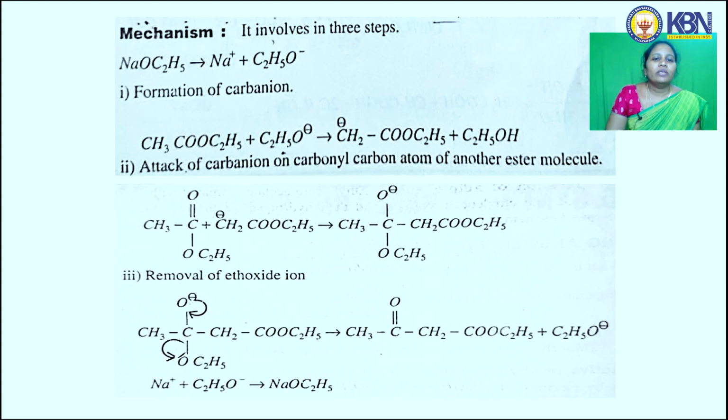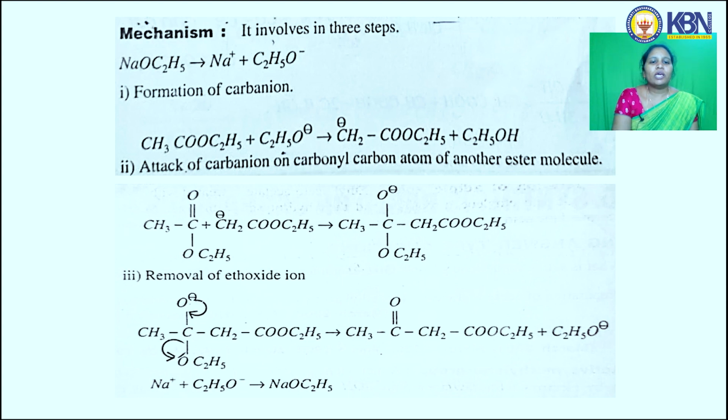Here CH3COOC2H5, which is our ester, reacts with the ethoxide ion, C2H5O minus, by abstraction of an alpha hydrogen from CH3COOC2H5. It is converted into a carbanion with the elimination of alcohol. The carbanion formed is CH2 minus COOC2H5.